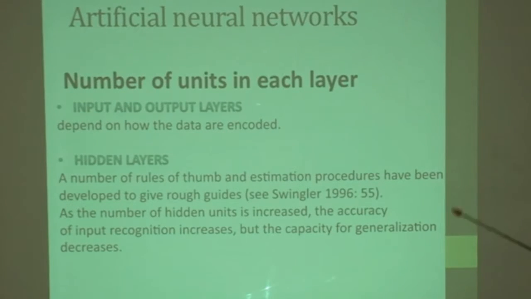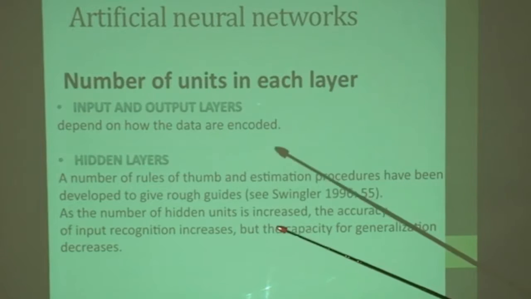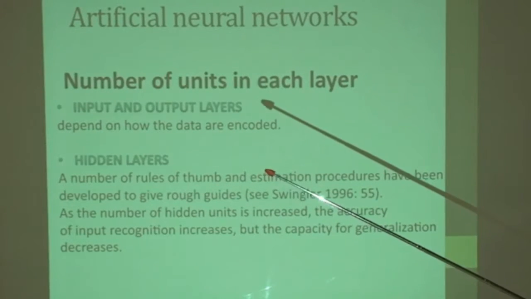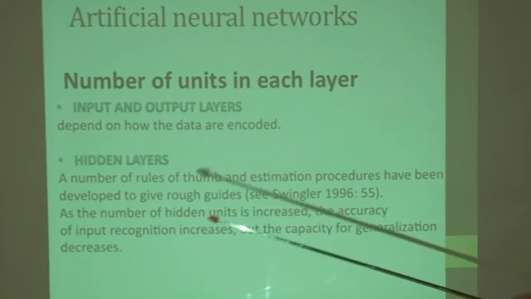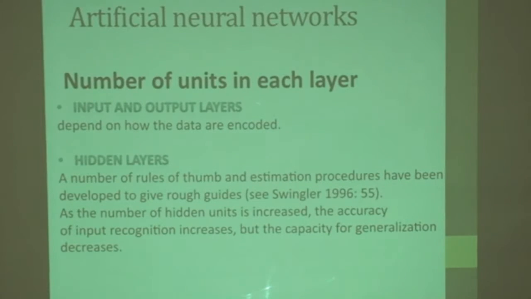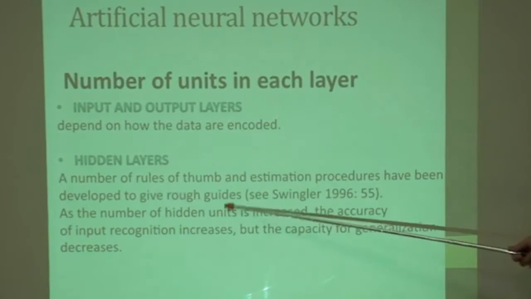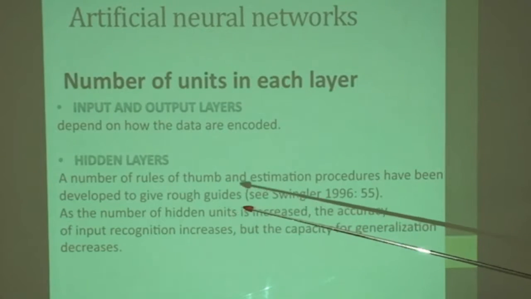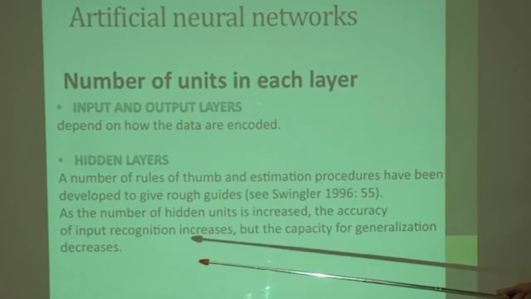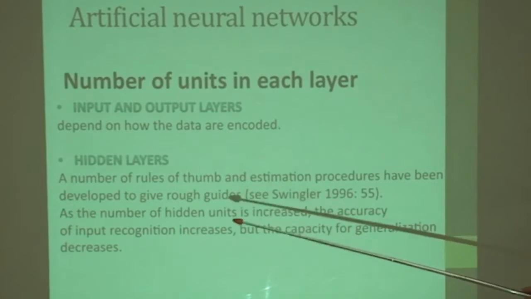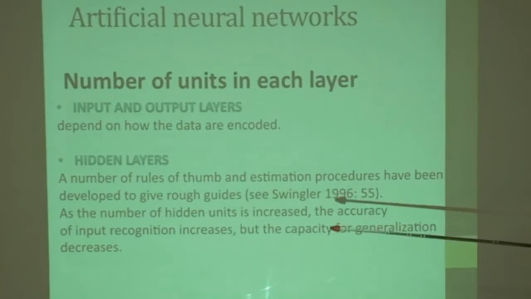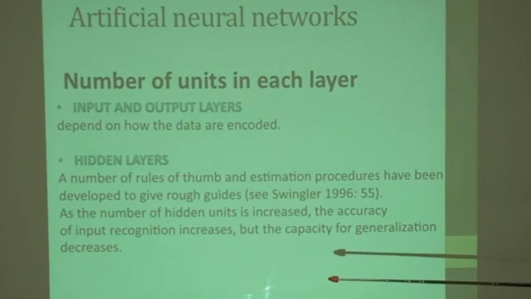The method for deciding the number of units in the hidden layers is rather complex, and a number of rules and estimation procedures have been developed to give rough guidance, but it's still very difficult. A simple principle that we follow is that as the number of hidden units increases, the accuracy of the input recognition will increase.